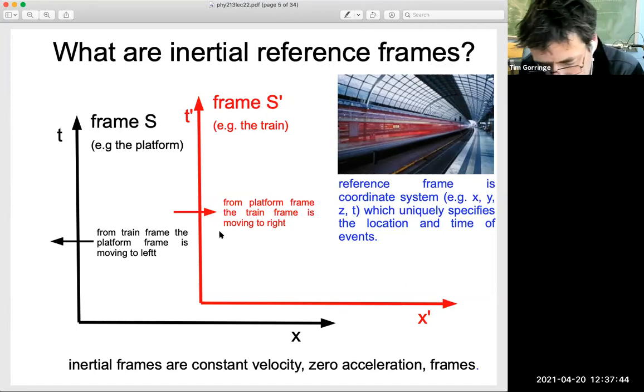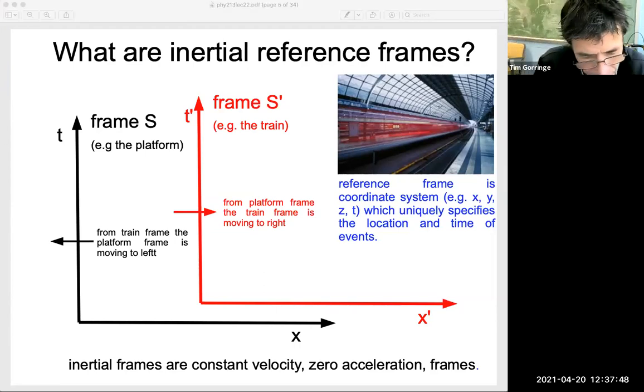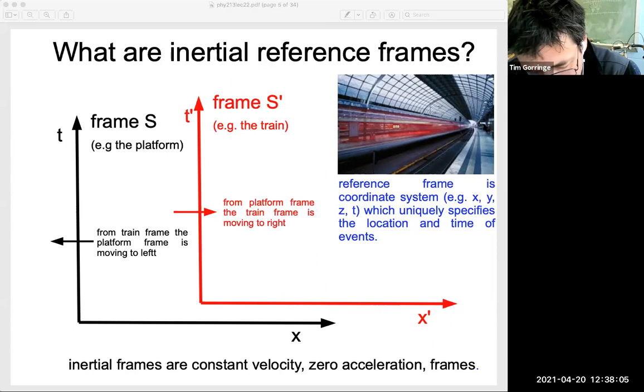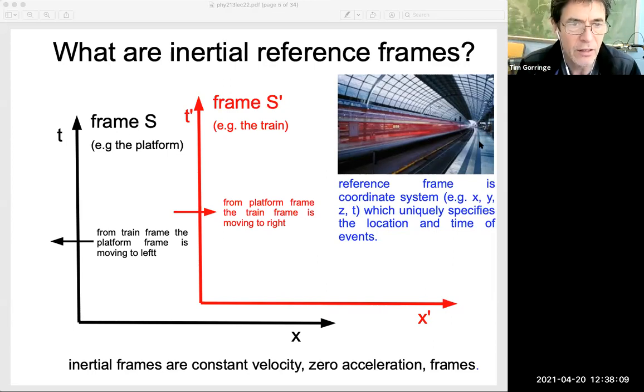So on this slide, I've showed two reference frames, because showing two reference frames is going to be key to understanding Einstein's relativity. So the two reference frames I'm thinking of, look, I've got a picture of a train passing through a station here. That was an accident that I put a picture of a train passing through a station.